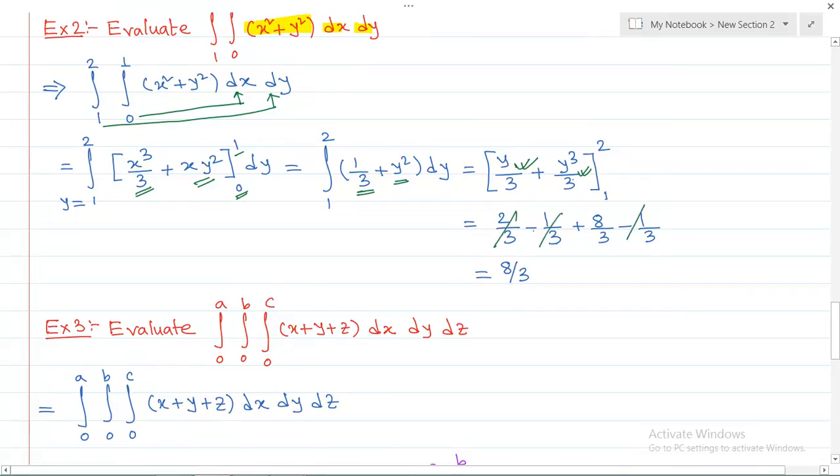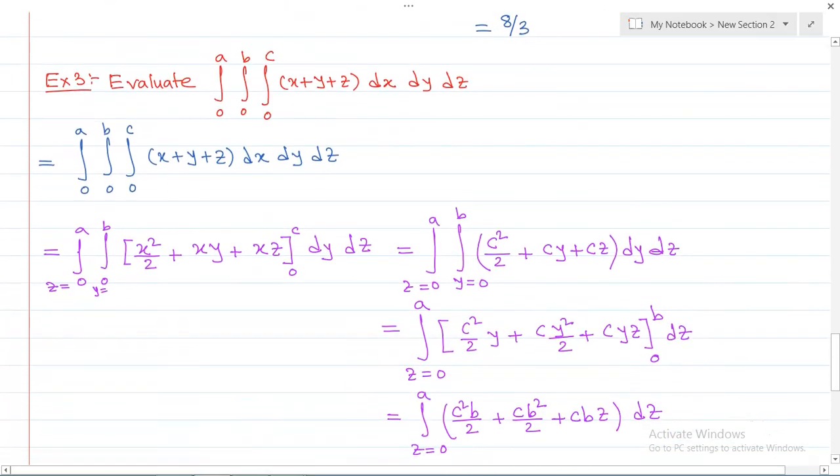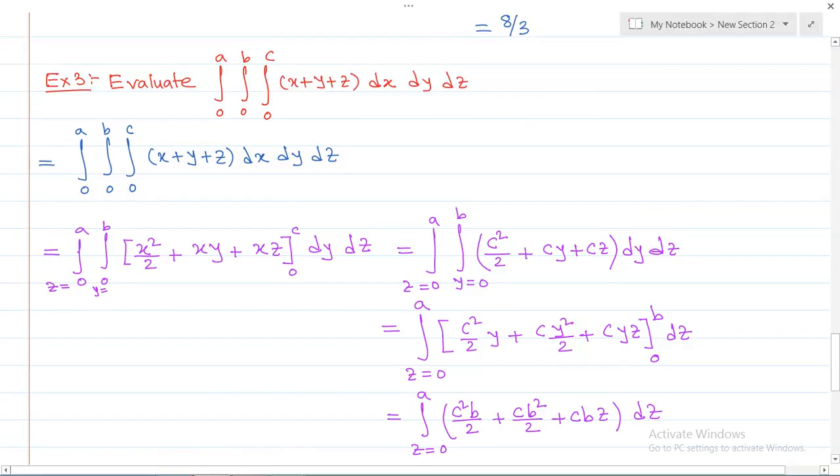as 8 upon 3. Now the next concept I have given here is triple integration. Though the concept is quite similar, basically the same thing we have to understand, here one more variable will be added. In place of x and y, there will be x, y and z, but the concept is similar.